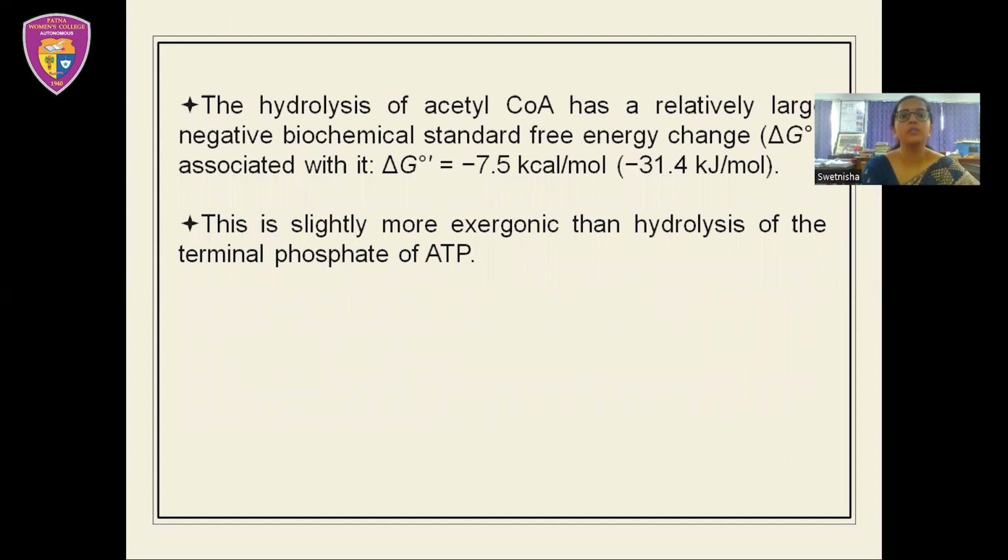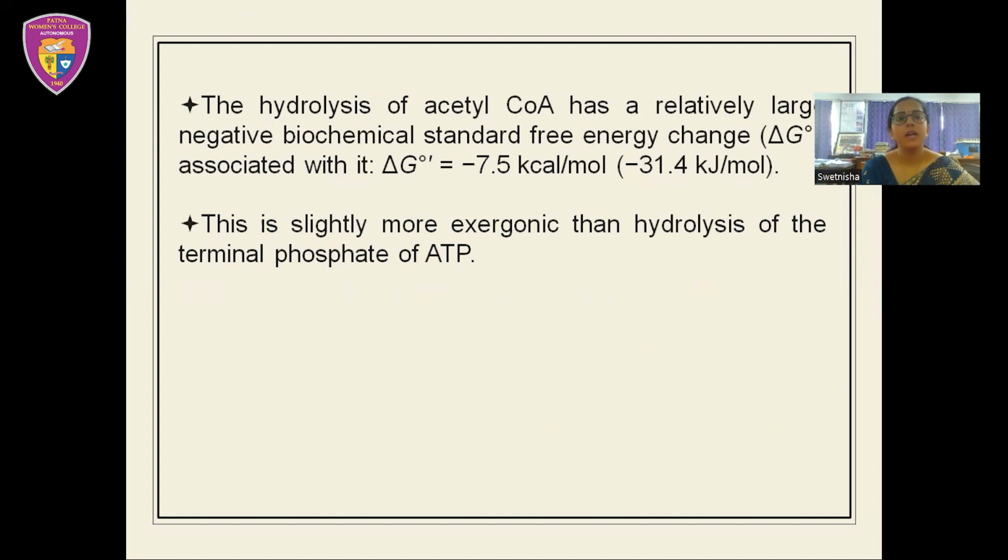Now, the hydrolysis of acetyl coenzyme A has a very high negative standard free energy change. It is associated with minus 7.5 kilocalorie per mole, which is equivalent to minus 31.5 kilojoule per mole. And it is more exergonic than hydrolysis of the terminal phosphate of ATP.